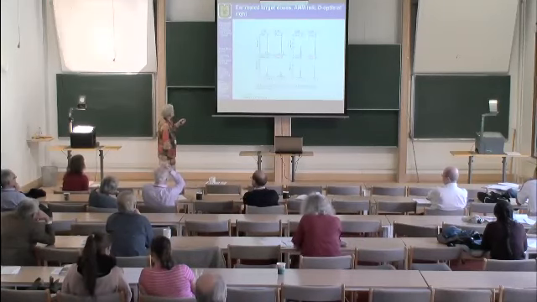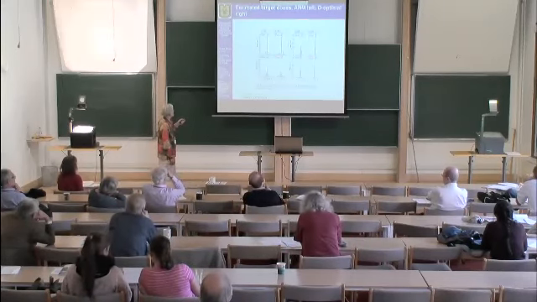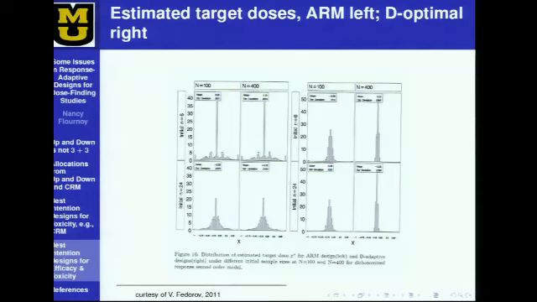On the left, we have adaptive Robbins-Monroe, which is an old procedure. On the right, we have D-optimality. What is plotted is the distribution of the predicted dose. Sample size is 100 and 400 in each case.